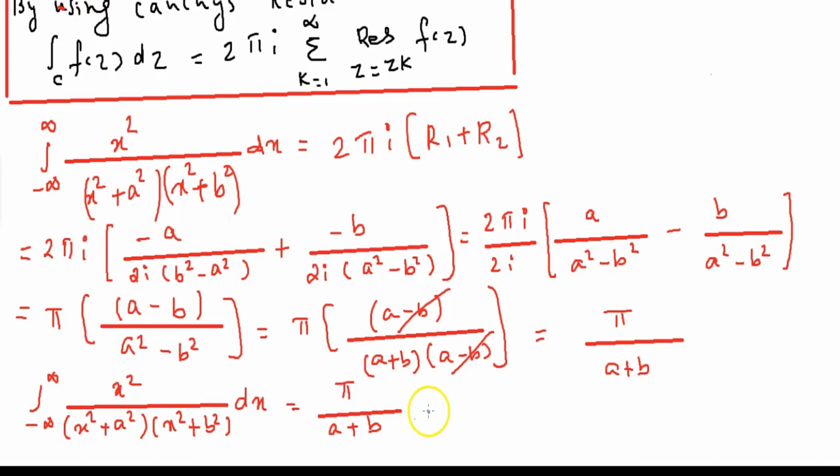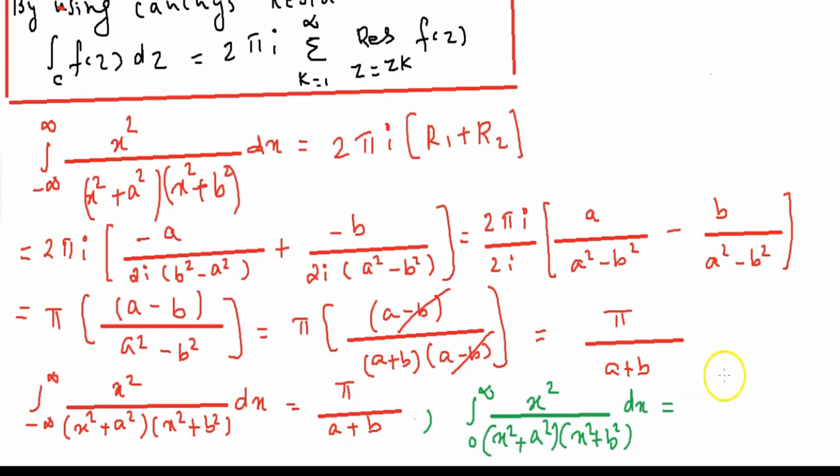Therefore, to change the limit from minus infinity to infinity to 0 to infinity, we divide the answer by 2. Then we get the answer: the integral from 0 to infinity of x square by x square plus a square into x square plus b square dx is equal to pi by 2 into a plus b.